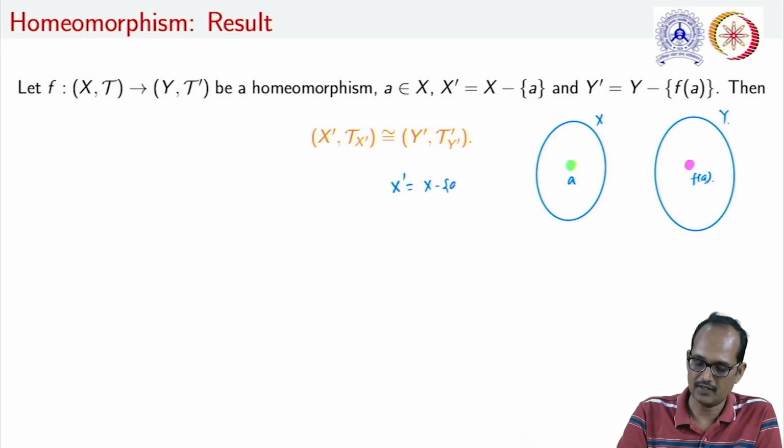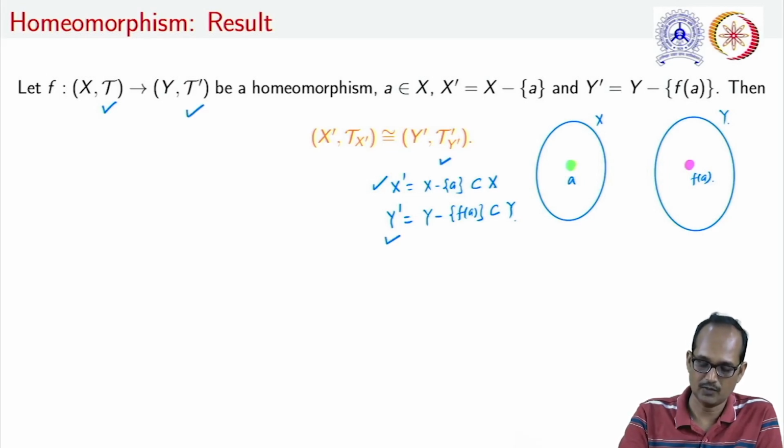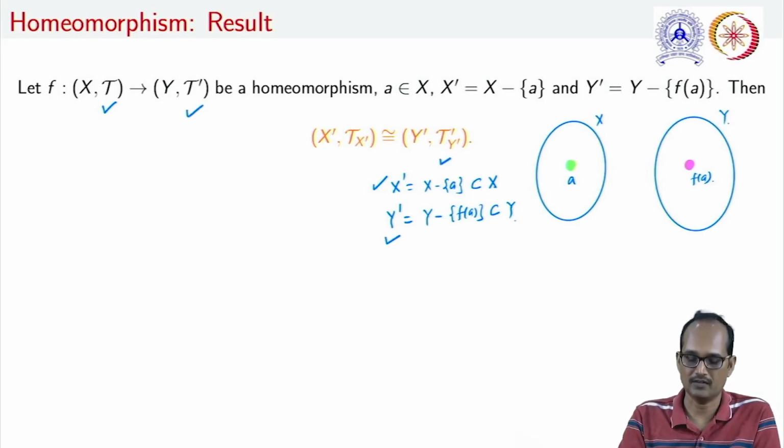This is X minus the singleton set {a}, which is obviously a subset of X, and we also get a set Y dash which is Y minus the singleton set {f(a)}, a subset of Y. Now we can talk about the relative topology on X dash with respect to the topology on X, and similarly the relative topology on Y dash with respect to the topology tau dash.